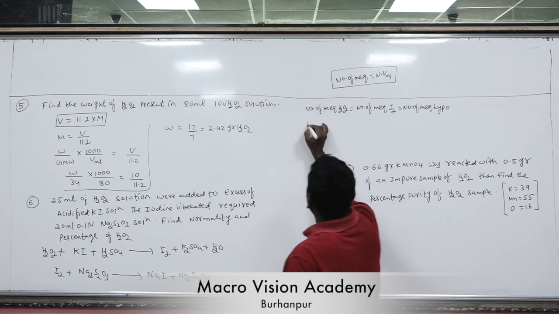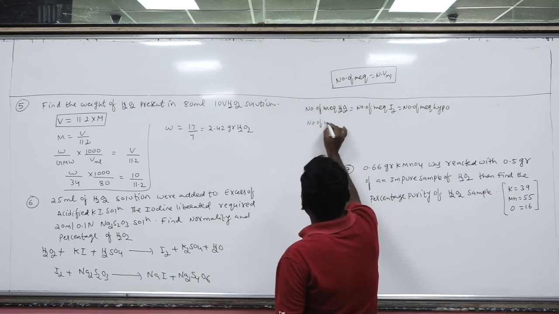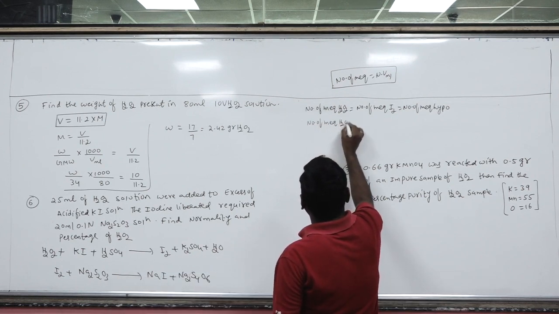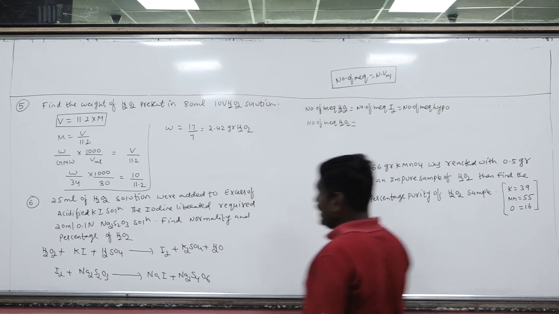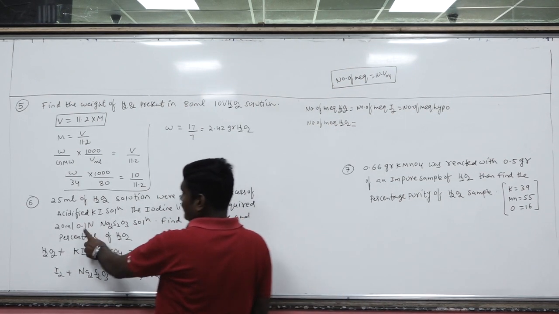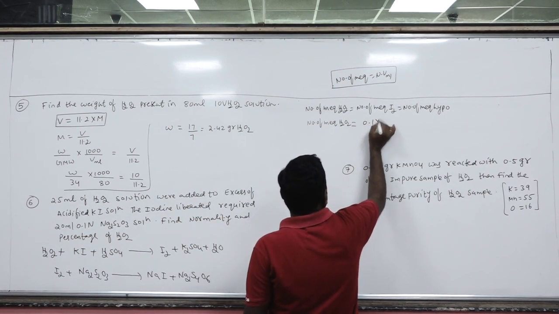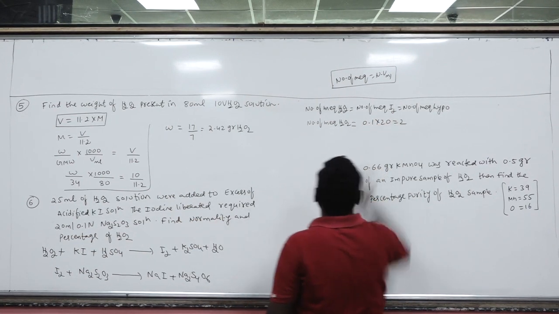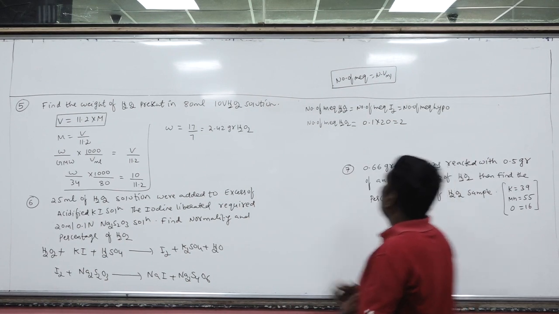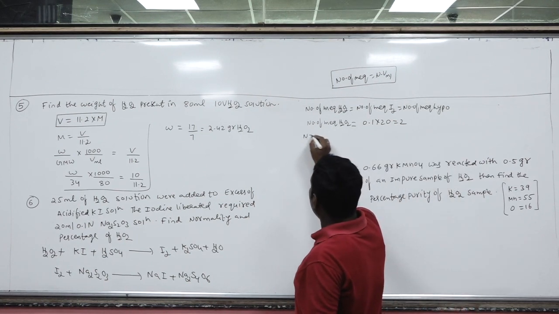Okay. Now the number of milliequivalents of H2O2. What is the normality of hypo given to you? 0.1, and volume is given to you, 20. So 0.1 into 20 is equal to 2 milliequivalents. Okay. Now what is the definition of normality?